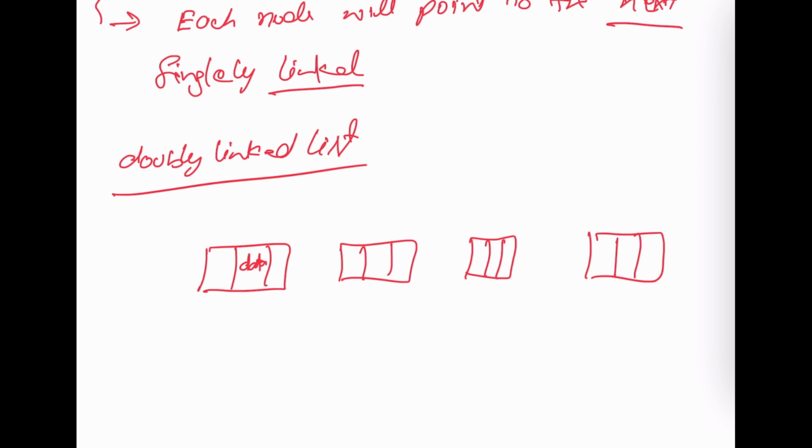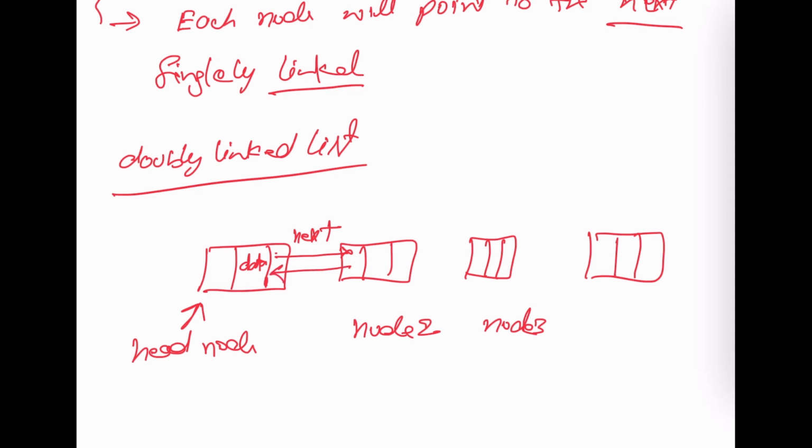The second one is this particular box, which will store the address of the next node. And suppose this is your head node. Now, this second node, node 2, and node 3, like that, will keep the address of the previous node also. So it is just like this.